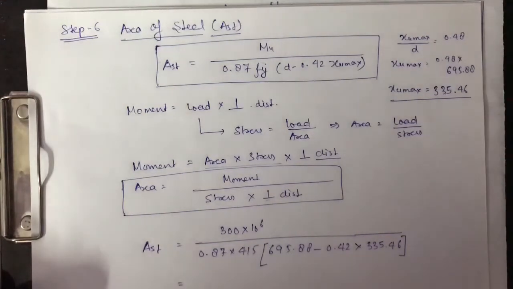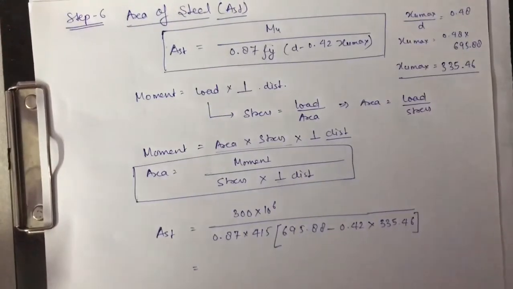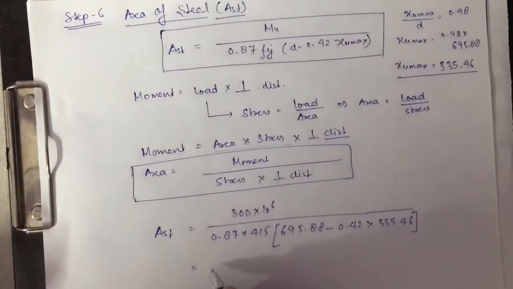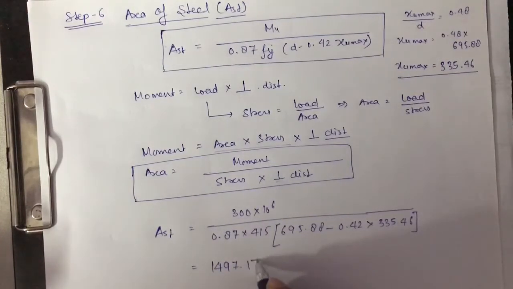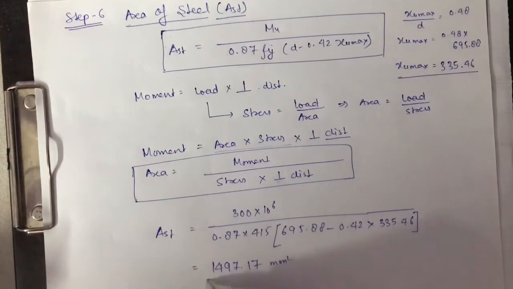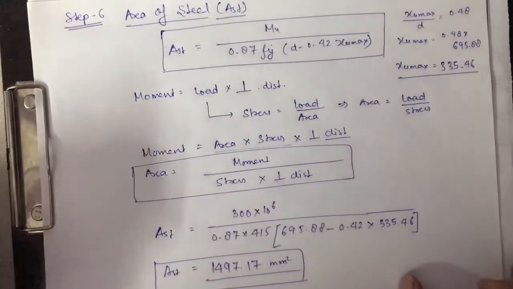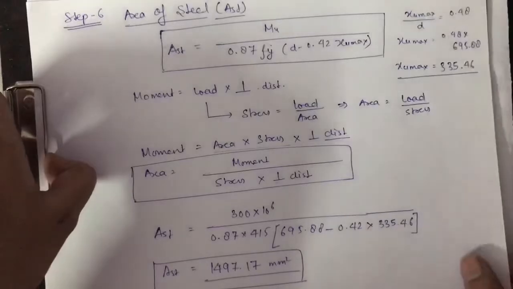So here we can calculate the area. It is coming to be 1497.17 mm square. It is our area of steel.